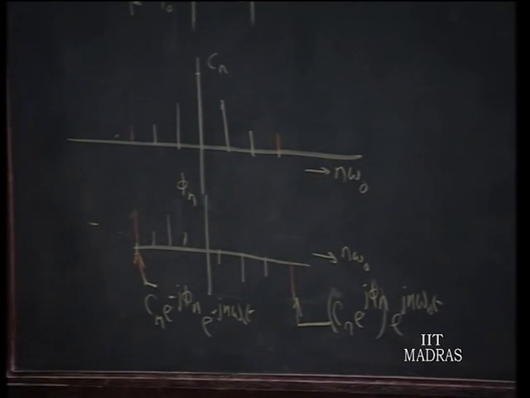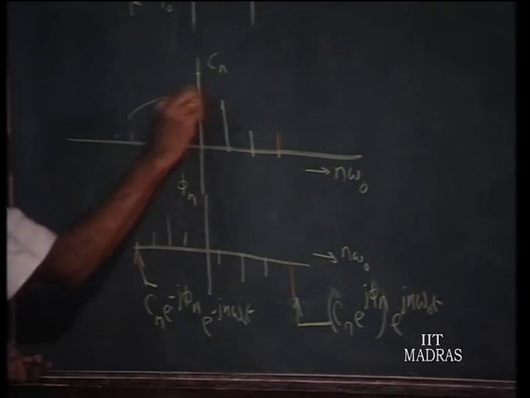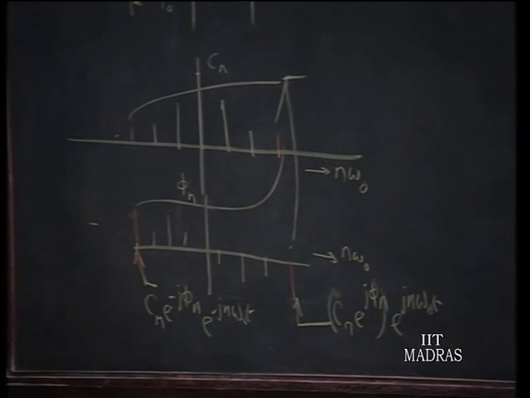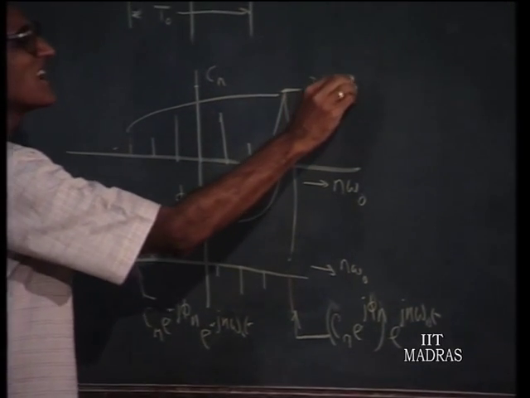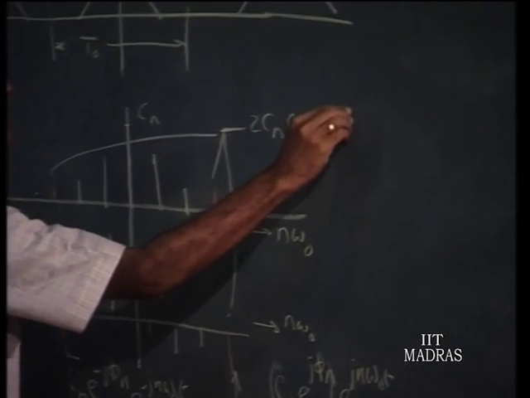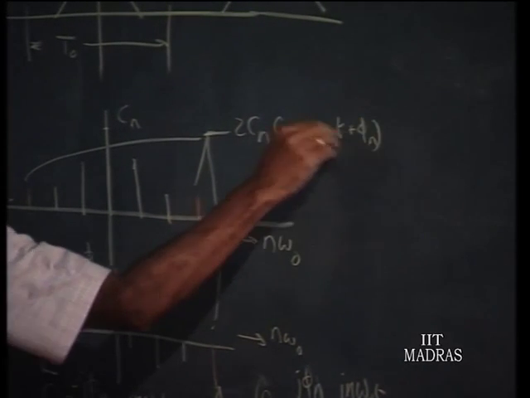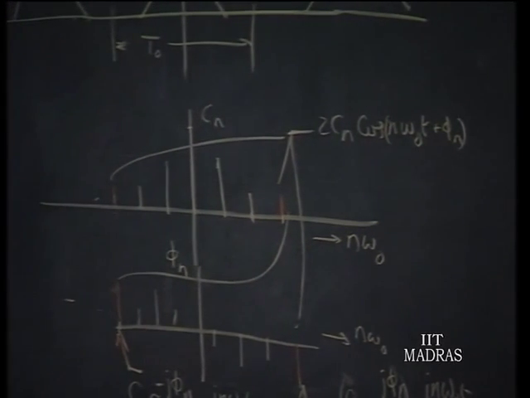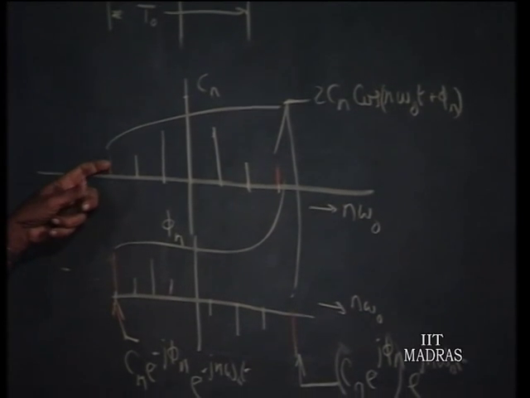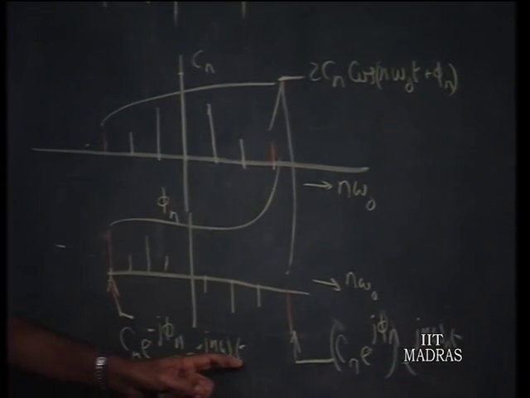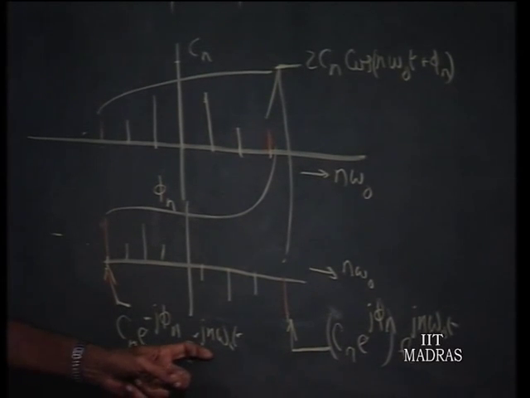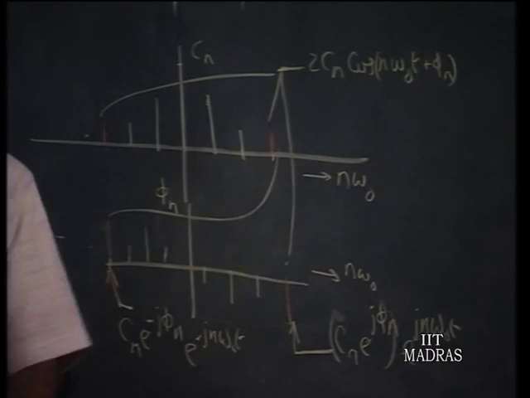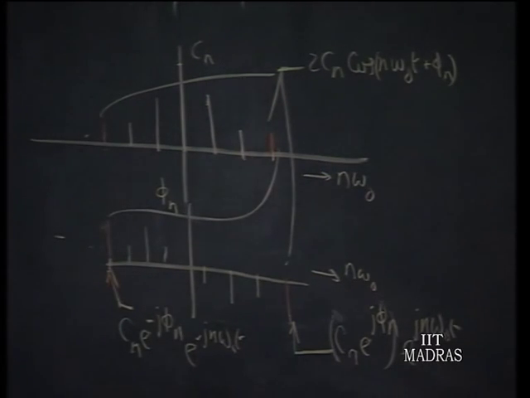So, all these four put together, that means this magnitude and the phase together, will give me 2 C n cos of n omega naught t plus phi. So, the meaning of this negative frequency minus n omega naught is only that this is the coefficient of this term in this exponential representation. Even though the frequency is negative, these two terms together combine to provide you with a real frequency of n omega naught.